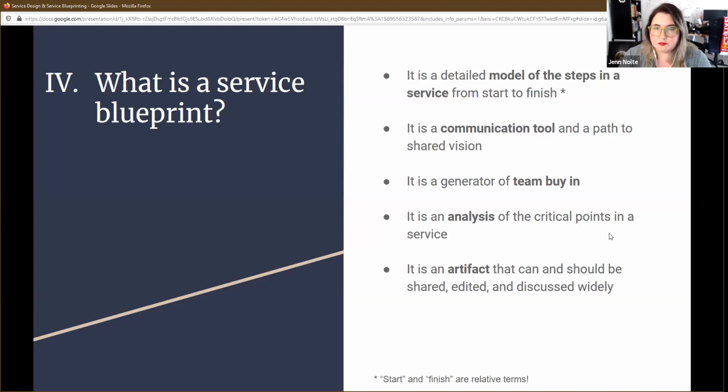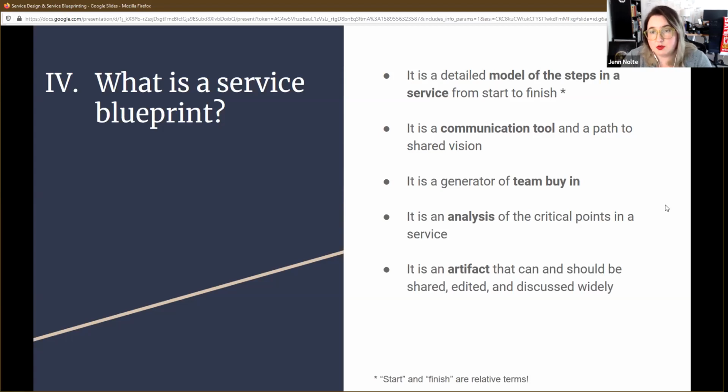So, what is a service blueprint? It's a model of the steps in a service from start to finish, from the customer's viewpoint, but also from the viewpoint of the organization or the different departments that are trying to support and provide that service.